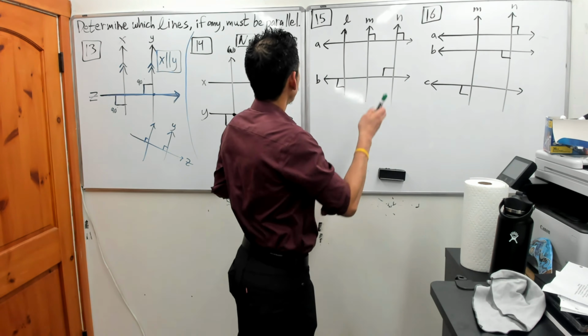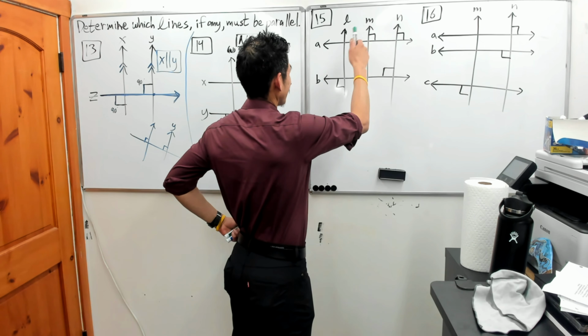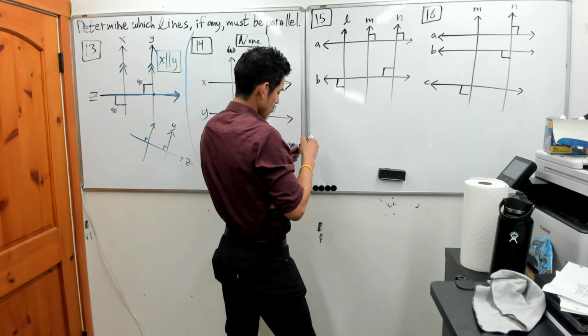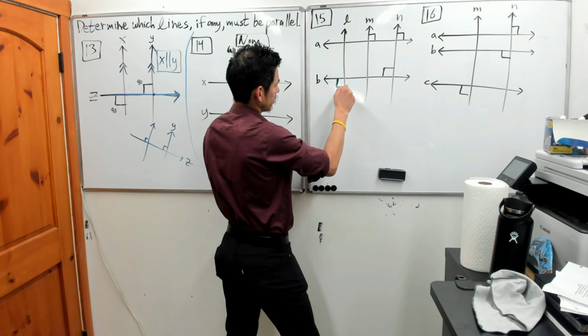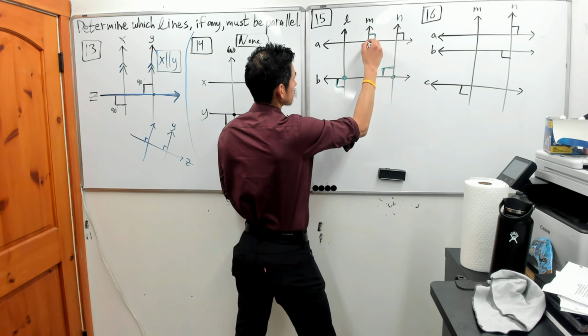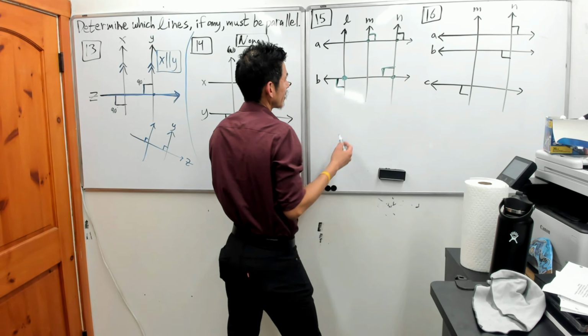All right, 15, we have lines L, M, N, and A and B. We have our right angles here, here, here, and here.